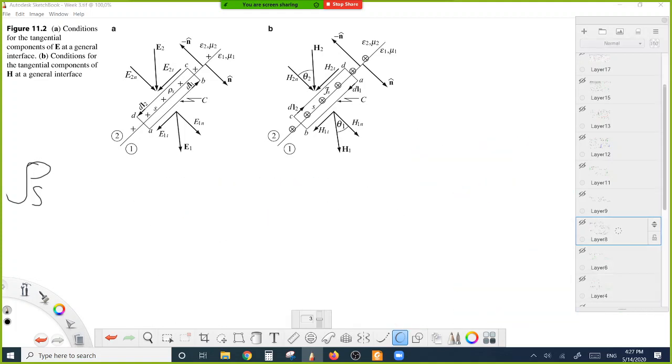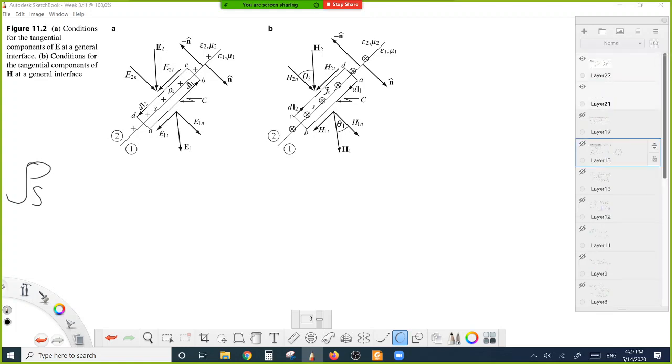Okay, I will write this equation one more time. Let's write equation 1128.